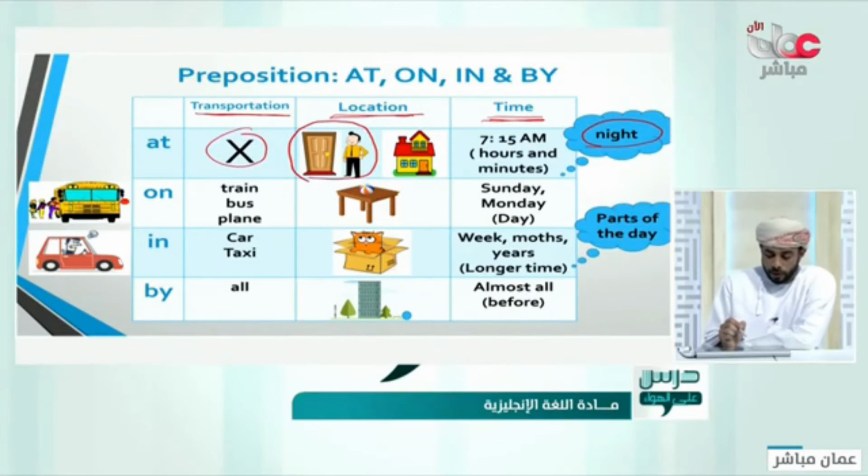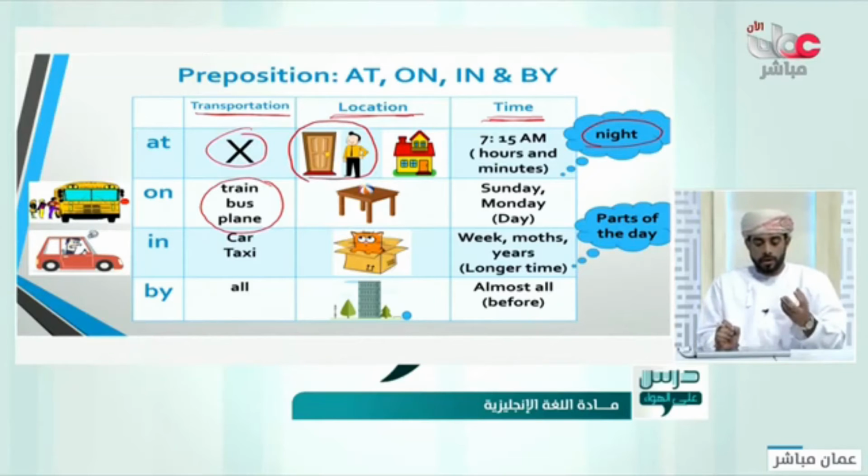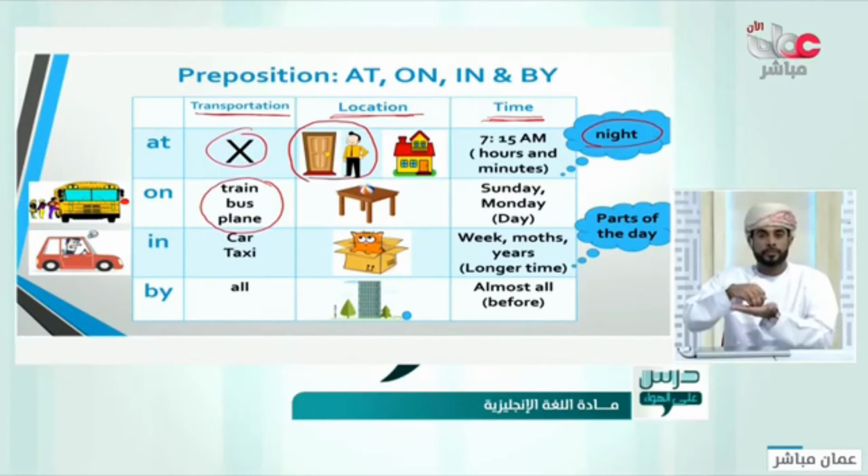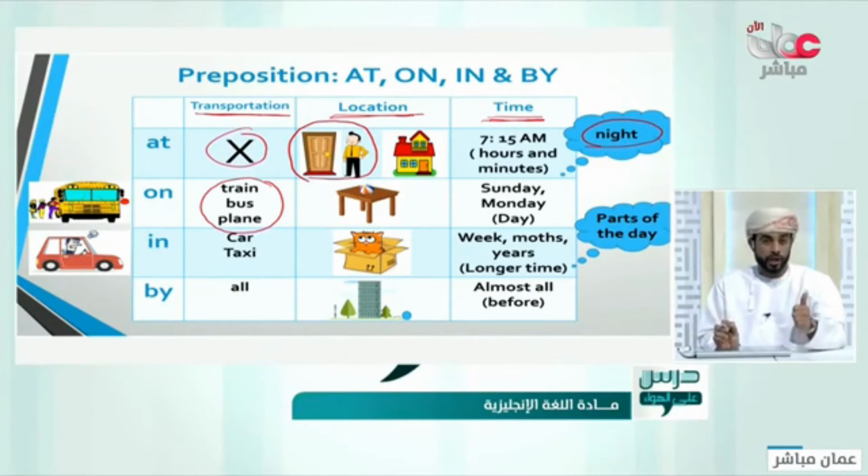We can use "on" with transportation, like on the train, bus, plane, even sometimes boat. Why is that? "On" means on something. If you can walk on the means of transportation, use "on". Like on the train, you can walk on it. On the bus, you can walk on it.